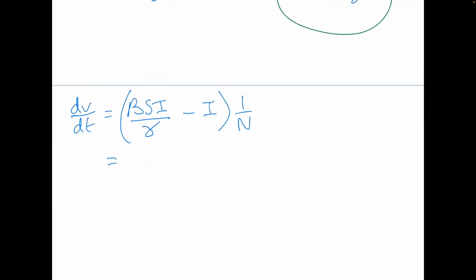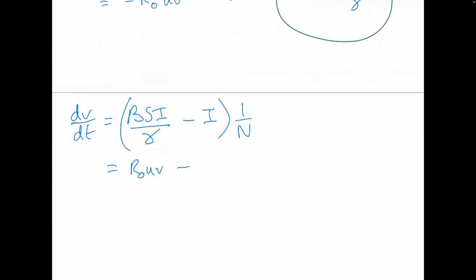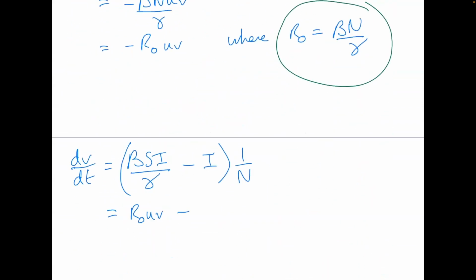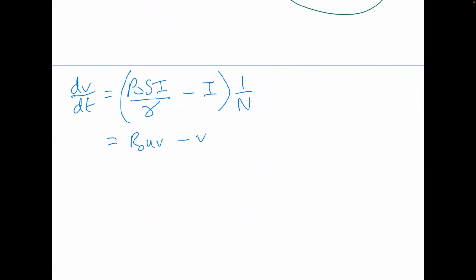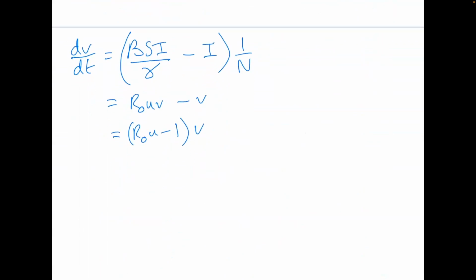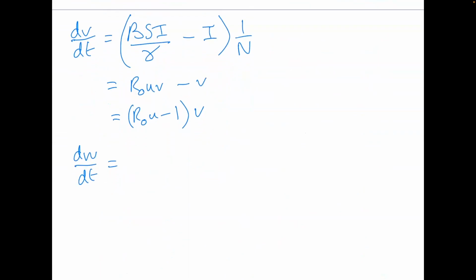So I can write this down straight away as just R naught UV. And then the I over N is just V. So we have R naught UV minus V, which we can just write as R naught U minus 1 times by V. And then finally, our recovered equation dW dt is going to equal just I over N, which is just V.